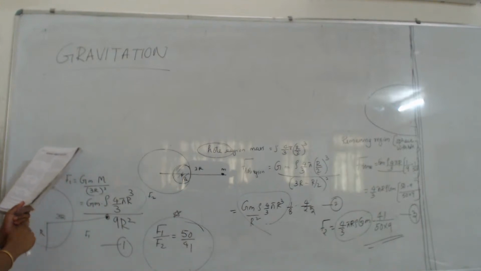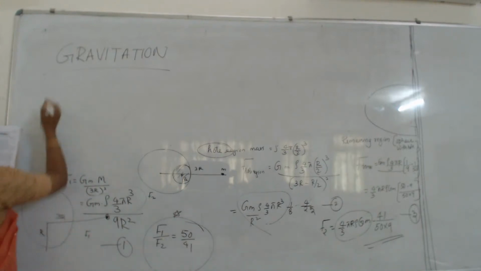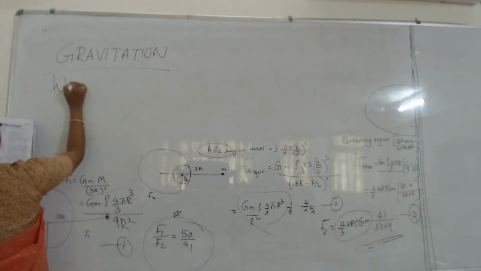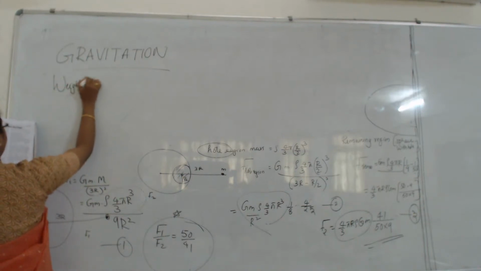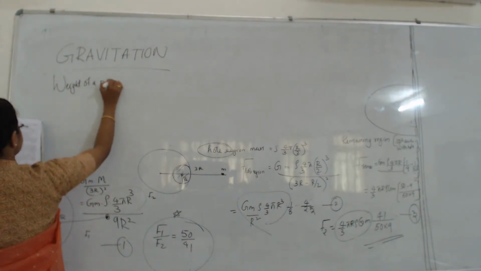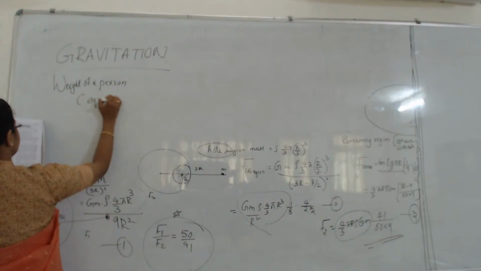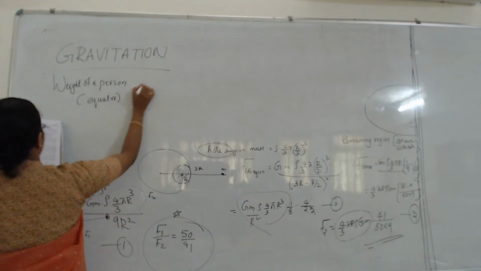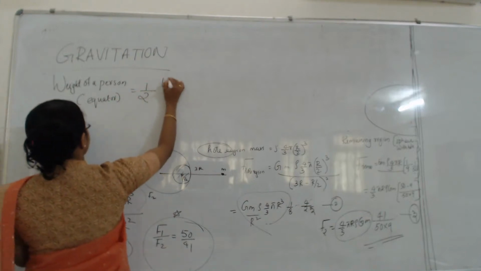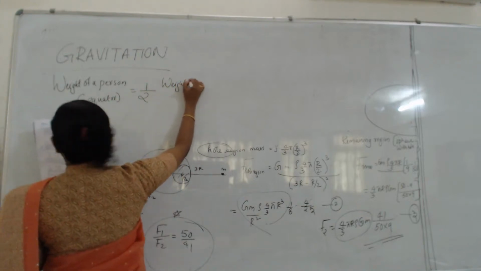If Earth were to rotate about the axis, the weight of a person at equator is half of the weight of a person at poles.